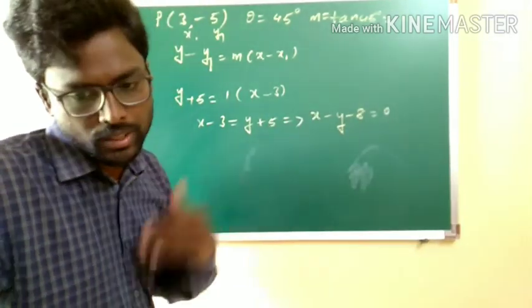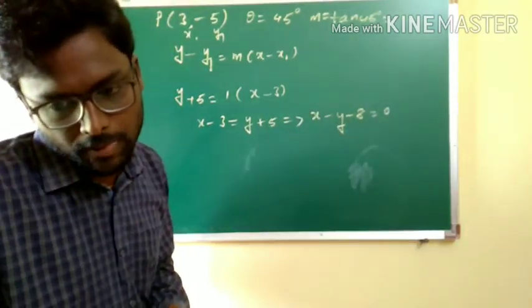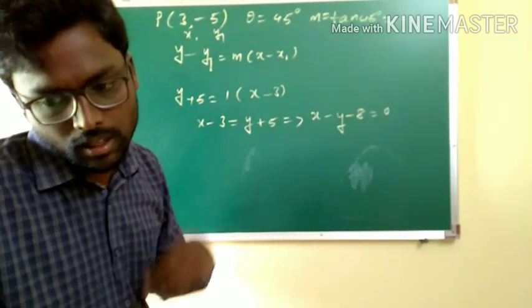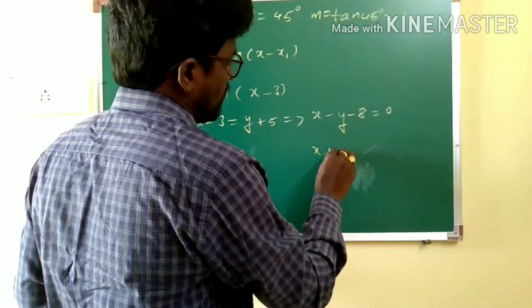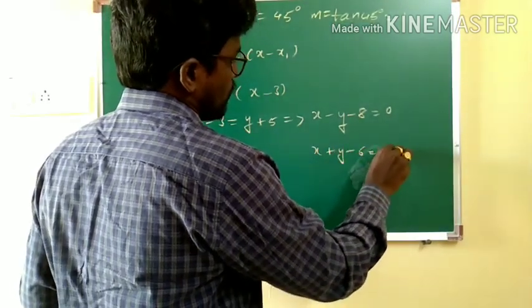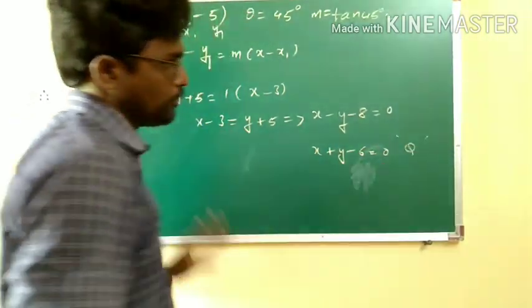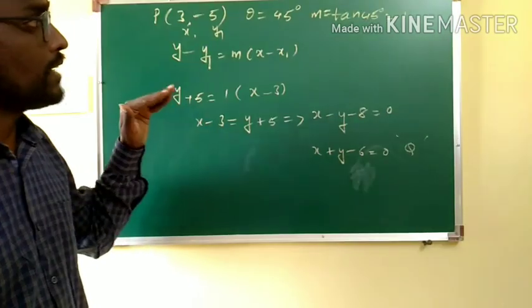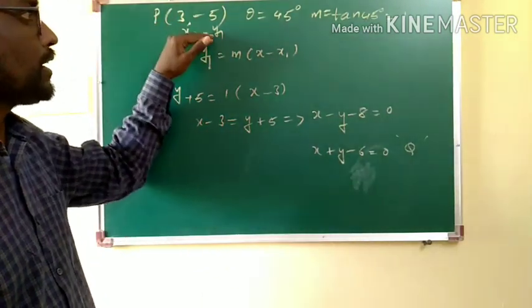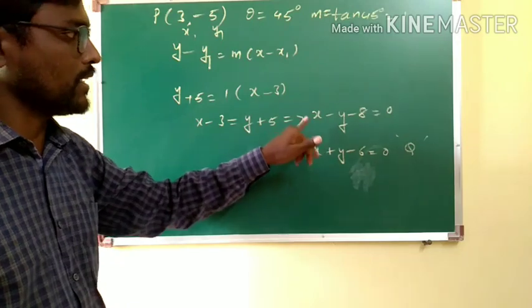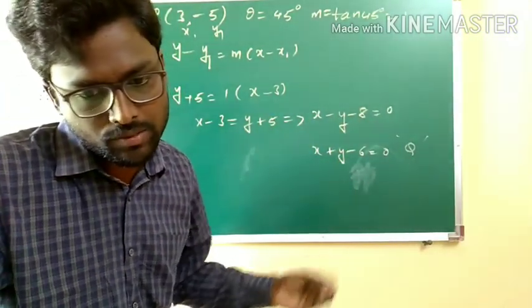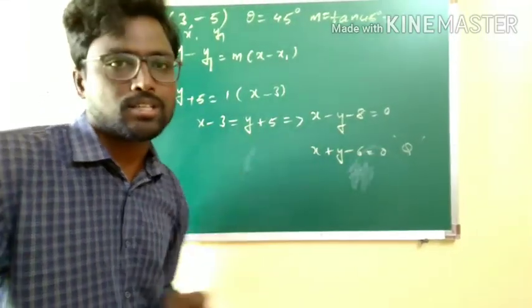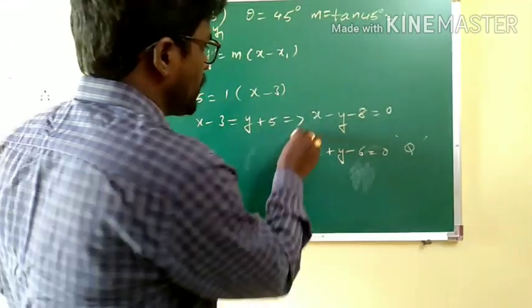This line is going to intersect the line x plus y minus 6 equal to 0 at a point Q. That means the line passing through this point with slope 1, that is x minus y minus 8 equal to 0, intersects the line x plus y minus 6 equal to 0 at Q. Then what is the point of intersection of these two?